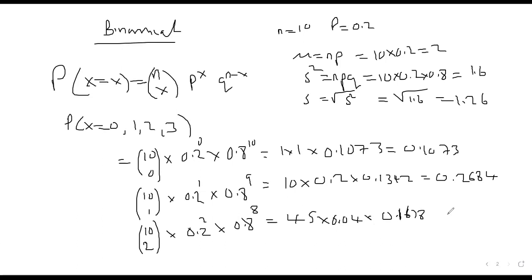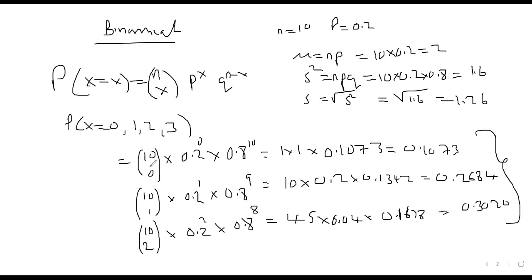We multiply 45 by 0.04 by 0.1678, and we get 0.3020. So these are the individual probabilities.